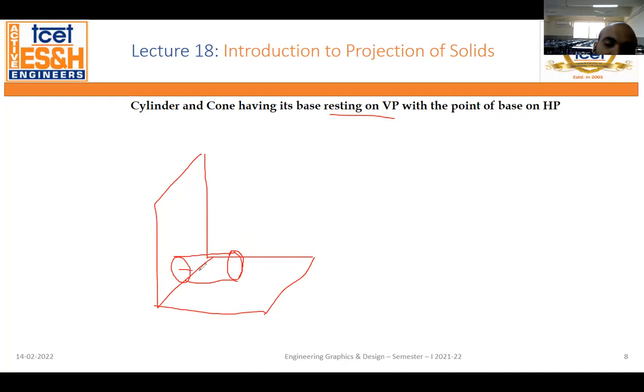But because axis is perpendicular to vertical, axis is perpendicular to vertical, resting on VP with the point of base on HP. So one of the point is there on the HP and it is resting on V. That can be one of the method where you can place it.